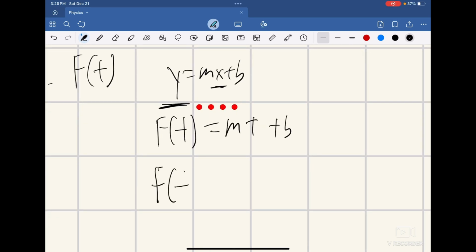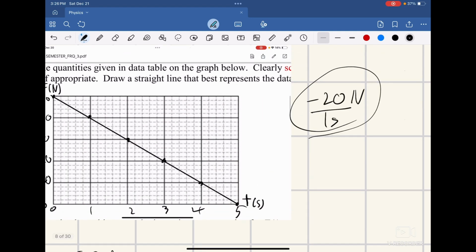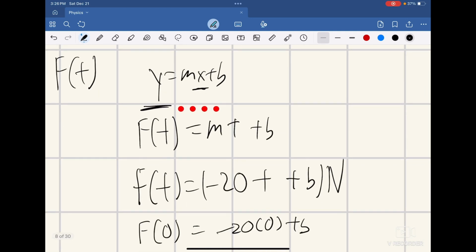F of t is equal to negative 20 t plus b, and here for b we can just substitute in 0 for t. F of 0 is equal to negative 20 times 0, which is 0, plus b. But we know that at F of 0, it is equal to 100.